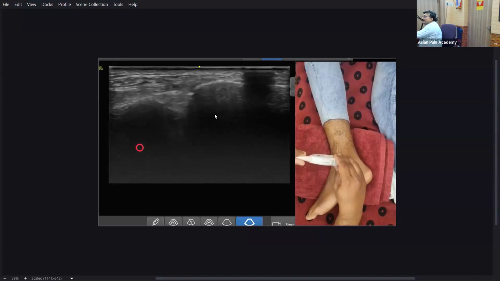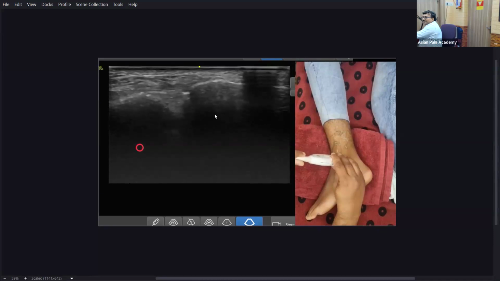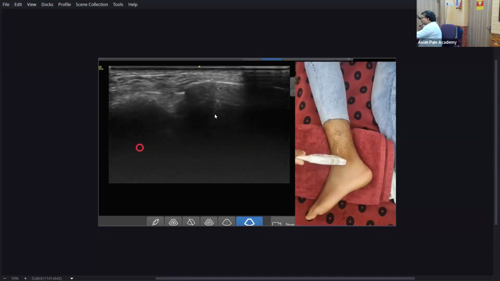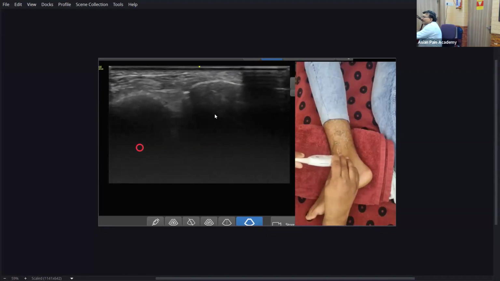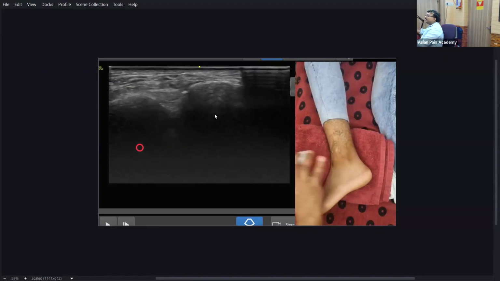In between these two bones at the lower end, we can see a ligament. Remember, it is not a horizontal ligament. You can see how we have put the probe slightly obliquely, and in between the tibia and the fibula we see this ligament.